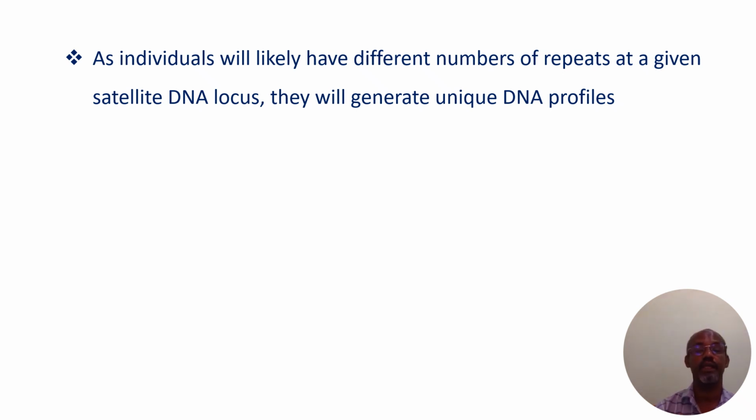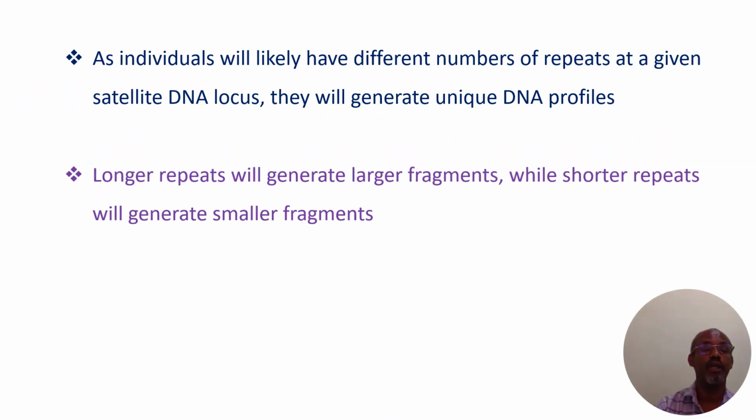You see, individuals will likely have different numbers of repeats at a given satellite DNA locus or given short tandem repeat locus or place on the DNA. They will generate unique DNA profiles, and longer repeats will generate larger fragments, while shorter repeats will generate smaller fragments. So you know that, yes.